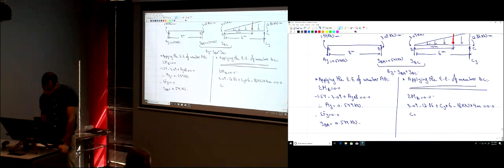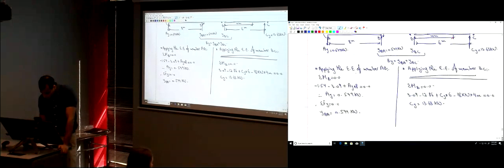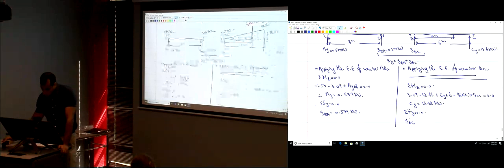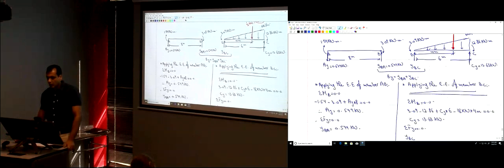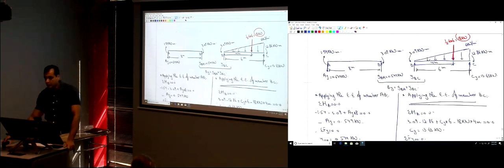So from this equation, you can go ahead and find Cy, so it's going to be 13.63 kilonewtons. So now, I need to find YBC. The summation of the forces in the y direction is equal to 0. So here we have YBC. What are the forces in the y direction? YBC is going upwards, and then what else?